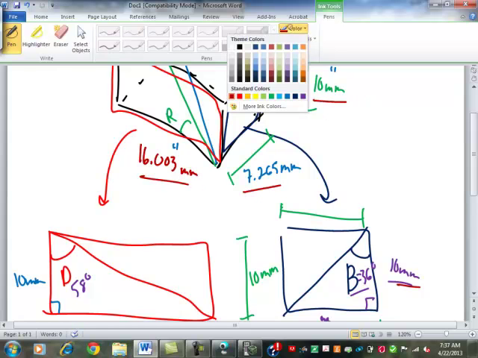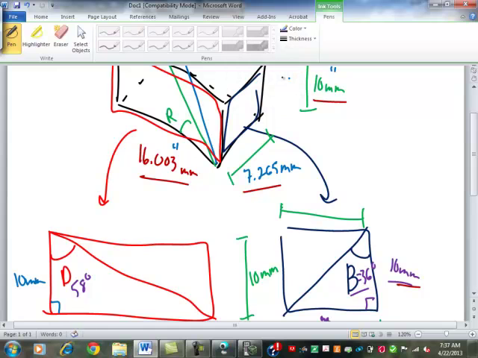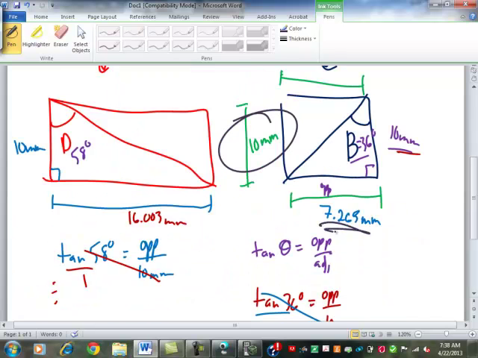Now that I have those 3 dimensions, I can go back to finding the angles. Now you might be asked, well, what if this isn't 10 millimeters thick? It doesn't matter. It's going to be proportional. You can put any number here for the thickness. And as long as you calculate these appropriately, it's going to be similar to the original piece.